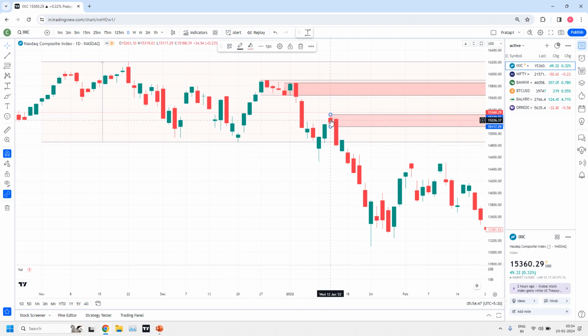This is having lower success rate. Most of the time, such kind of zones will be violated easily. But these kind of zones, the zone violation is not easy. I'm not saying they won't be violated. They will be violated. There are other reasons. But it's not easy compared to this setup.